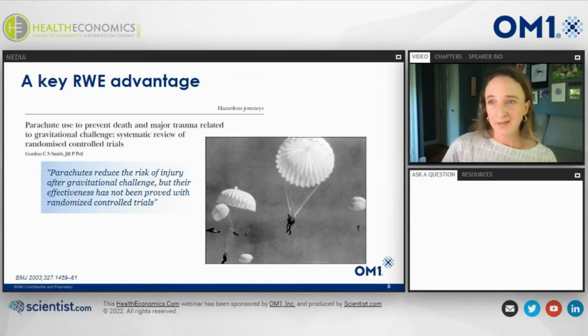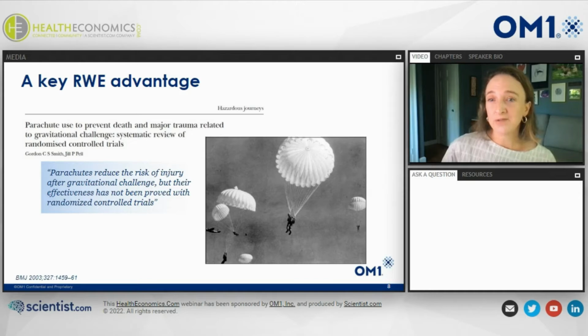So another key RWD advantage is the opportunity to examine the comparative effectiveness of interventions that are just not amenable to trial designs. What you're seeing here is one of my favorite publications. This was published in the BMJ Christmas issue almost 20 years ago, but it's still hilarious and still relevant.